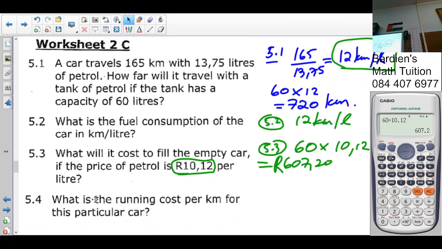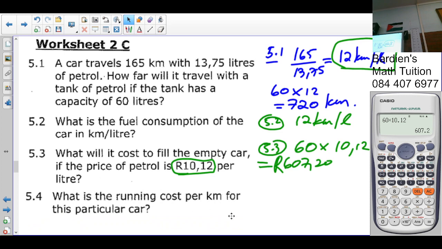And then 5.4. What is the running cost per kilometer for this particular car? Running cost per kilometer. So, how many kilometers does 60 liters give us? 720. So you say the cost per kilometer, so cost must go on top. Can you see?